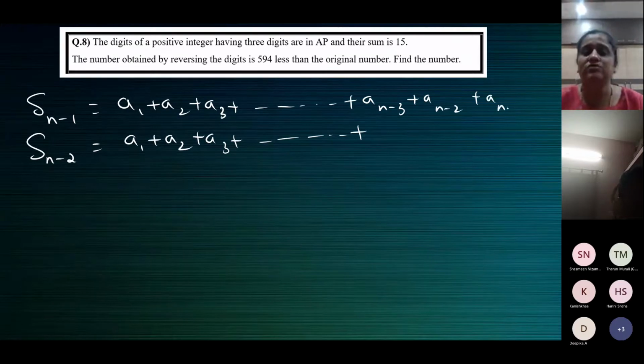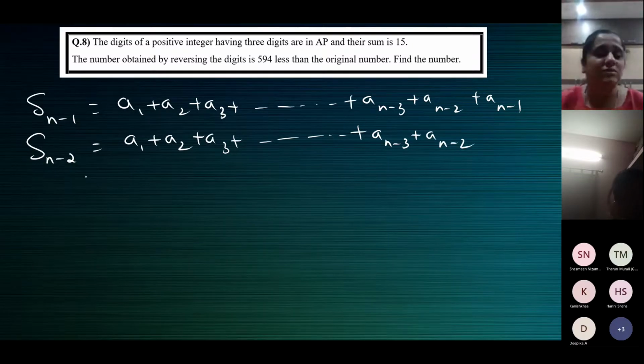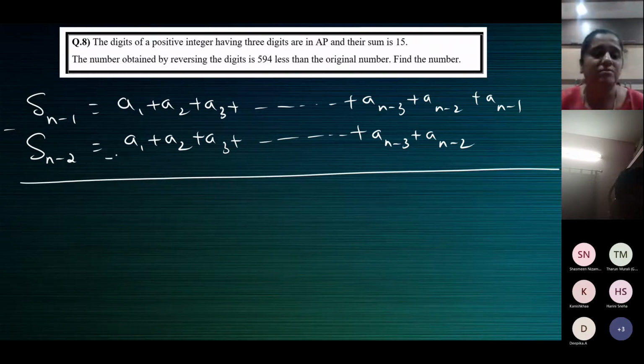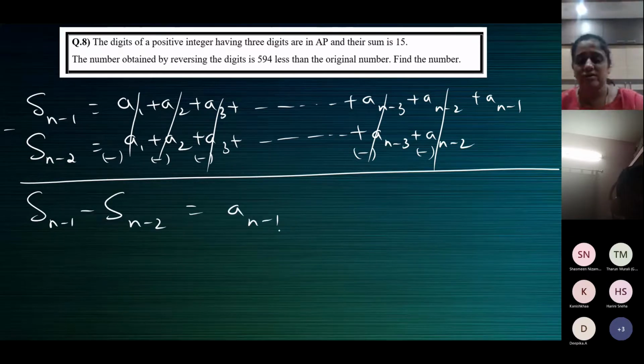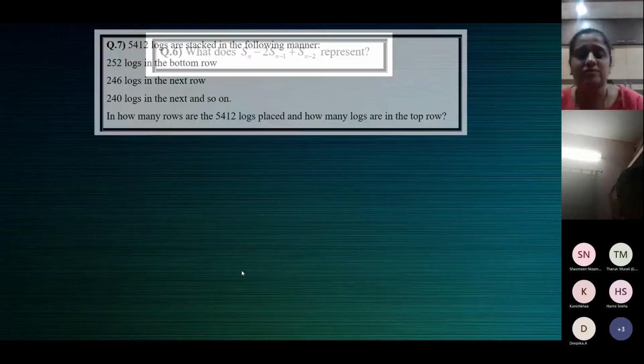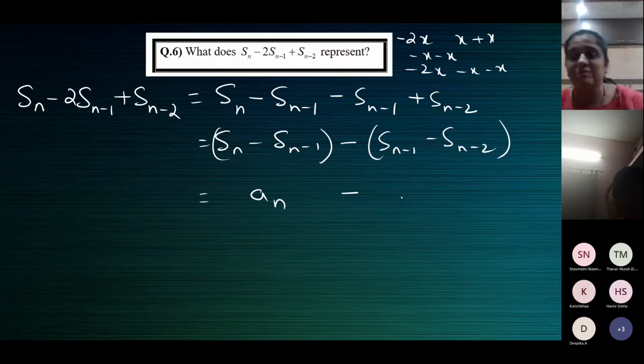Now subtract, change the signs everywhere. So all this gets cancelled. So Sn minus 1 minus Sn minus 2 is equal to An minus 1. So we got this answer also.